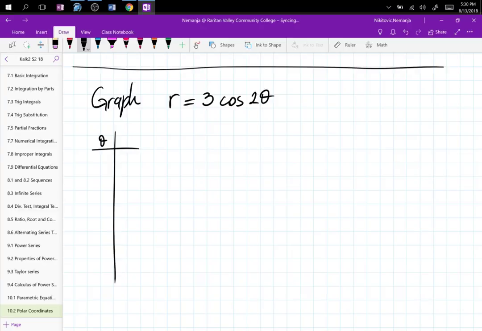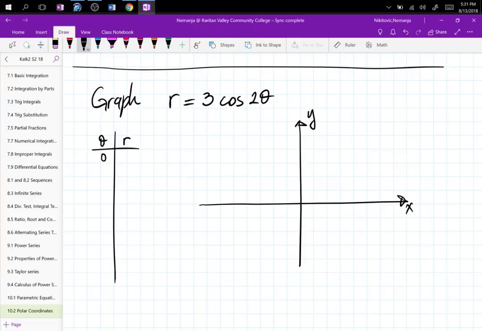We're going to pick our thetas, compute our r's, and that will give us r comma theta to plot on this xy coordinate plane. So first, obviously, the value for theta I'm going to pick is 0. And then I'm going to pick all of the values that when I double, I get the basic values.